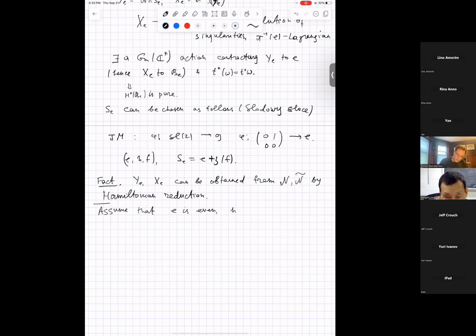Then you can take this subgroup P minus, which is whose Lie algebra is can you still see my screen?